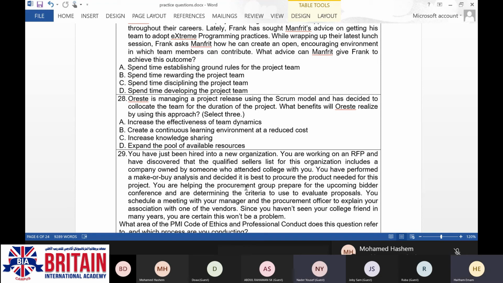Let's remind ourselves with what we have mentioned in the early beginning of our lecture. If you remember when we were saying the co-location activity, the main purpose behind the co-location activity is to have like a war room.